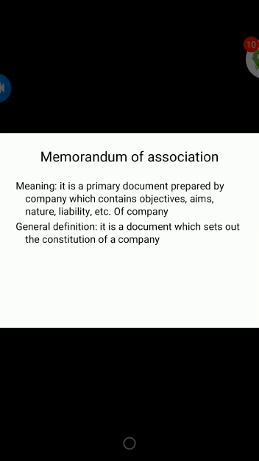It describes the scope of company activity and its relation with outsiders. We can say it describes the permitted range of activities, which means what all activities you are going to do in the company, what is permitted, and what is the relationship of the company with outsiders.